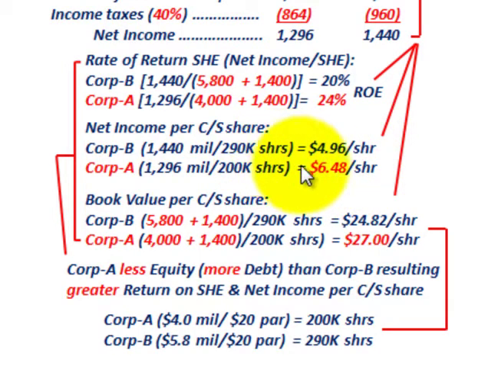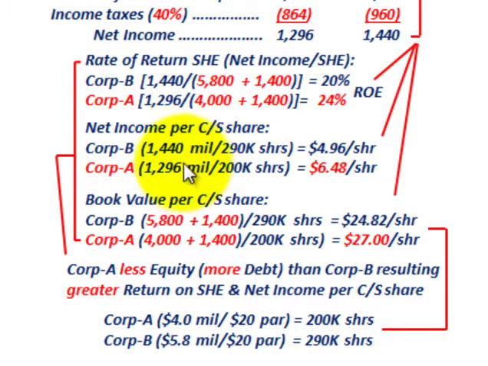So here you can see Corp A has a better net income per share because they went out and borrowed money and didn't issue as much common stock, so they have less common stock. Versus Corp B, where they went out and issued more common stock and didn't take on the debt, so they're going to have more shares of common stock.